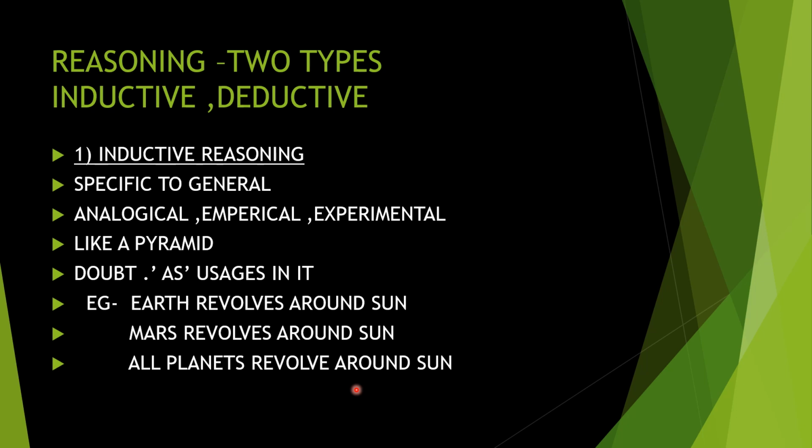Later they said that all the planets revolve around the sun. So they are talking from specific to general, from a particular point to general things. That is what we use in inductive reasoning. So specific to general is the specialty of inductive reasoning.